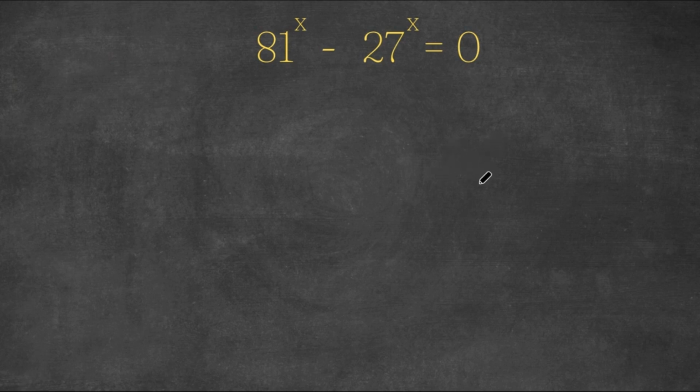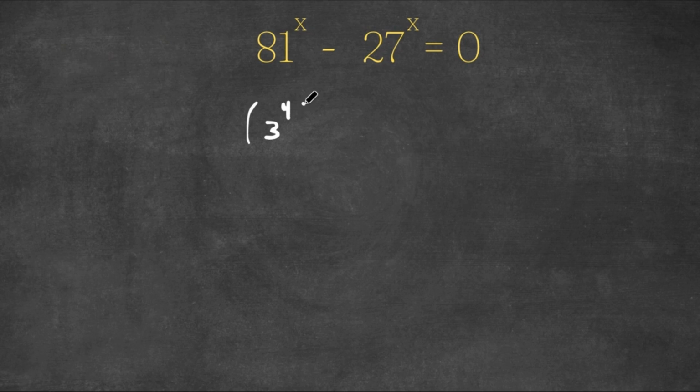In today's video, I'm going to be teaching you guys how to solve this exponential equation. So we have 81 to the power of x minus 27 to the power of x equals 0. Now what I'm first going to do is change 81 to 3 to the power of 4.